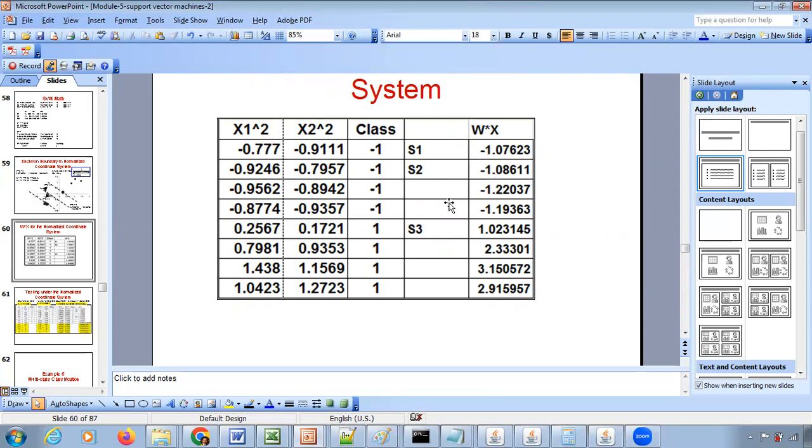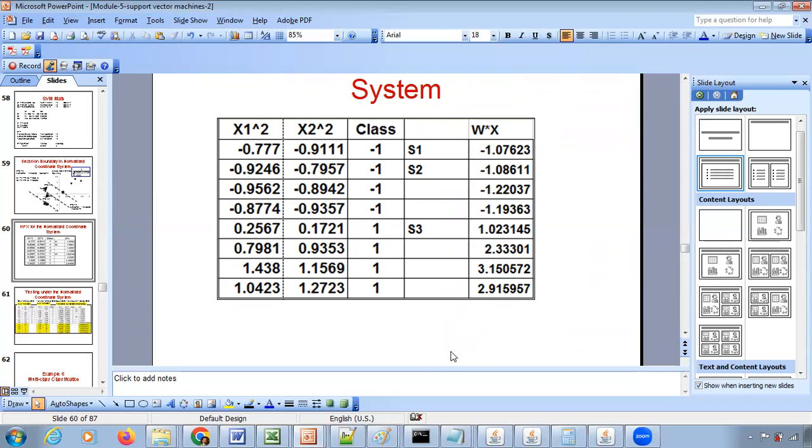That's okay because of the rounding in our calculations. That's the most likely reason we have it a little higher than -1 or a little smaller than -1, I would say, because they are negative numbers. And for the other data points, like these two in class -1, we get less than -1. And for class 1, the support vector, we get close enough to 1. And the others are much greater than 1.